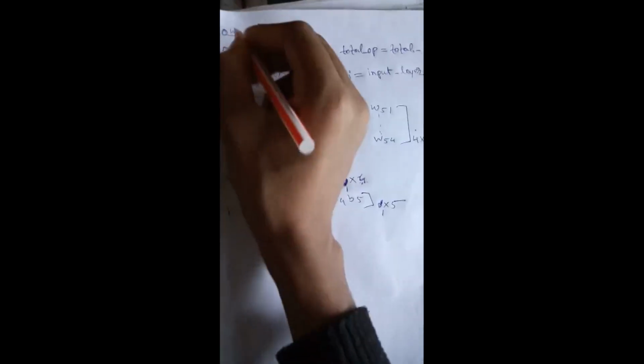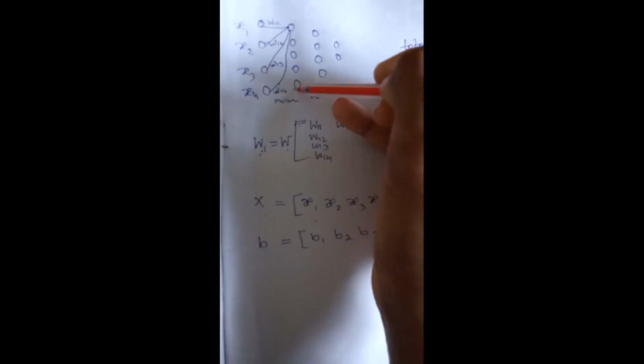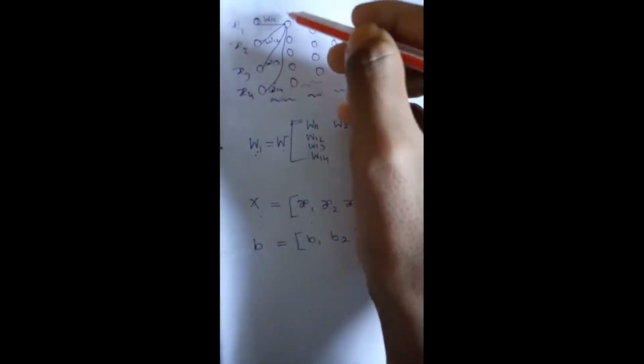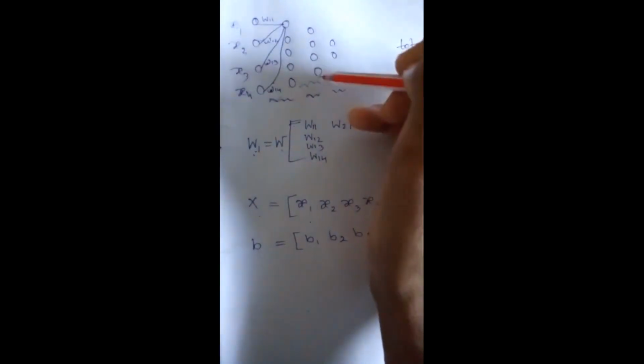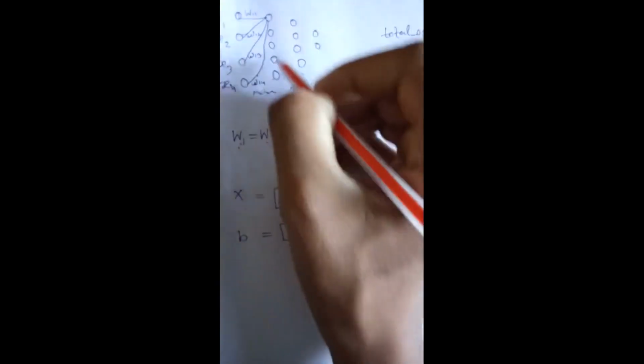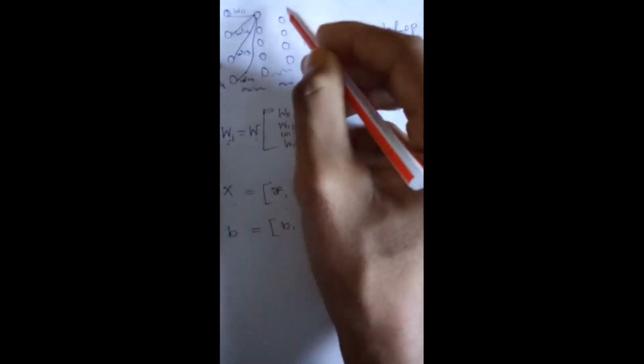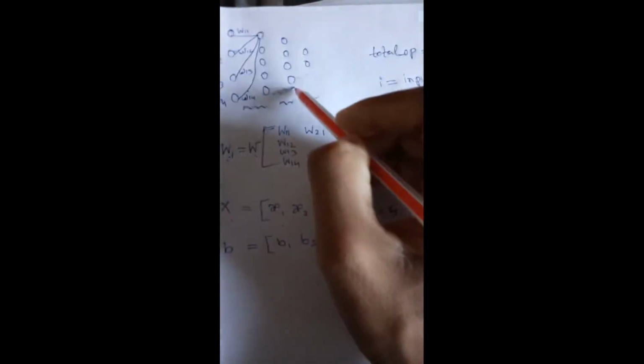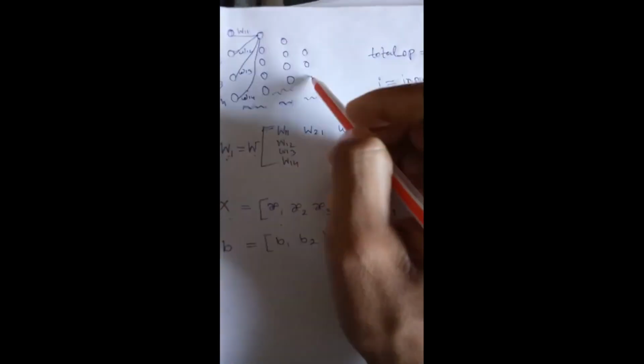For these weights, the input layer will be this input, and the output layer will be the first hidden layer. But for the next weights, we have to take this as the input and this as the output, because we do not take the input layer, we take the input connection of the weights. So this is the input connection of the weights, and this is the output connection. For this third operation we take this as the input and this as the output layer.